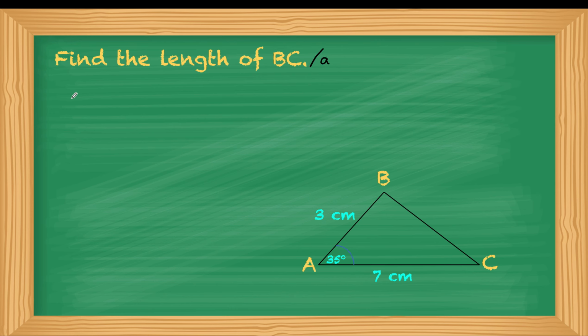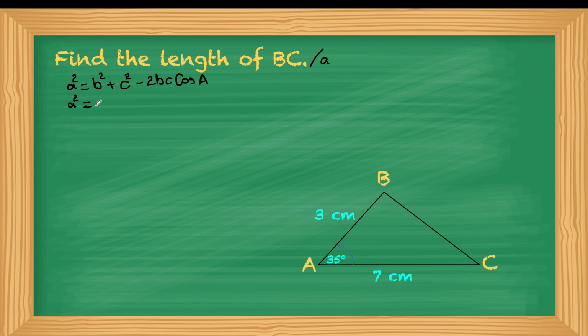Now to find that, we would write a squared is equal to b squared plus c squared minus 2bc cos, remember the cos would be A. Now we don't have a squared, so we'll put back a squared.